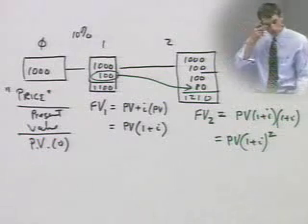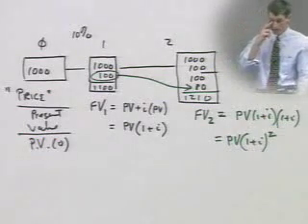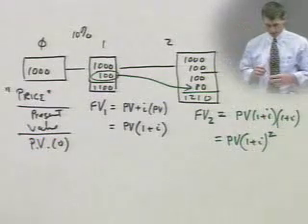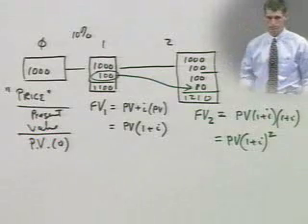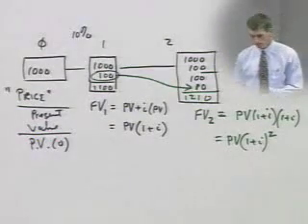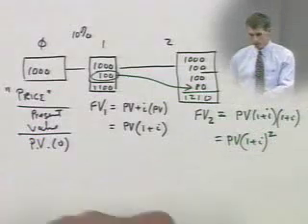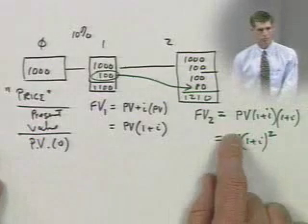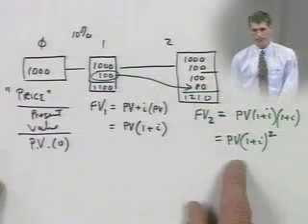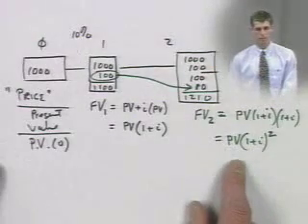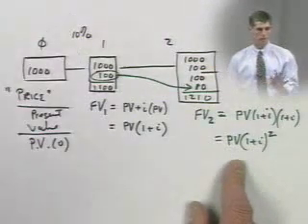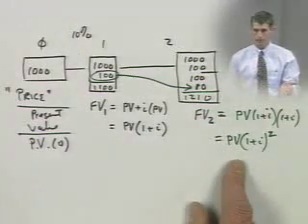Now, when you're doing present values, you're going to have a number of different ways that you can calculate them. One way is to do what we just did, which is to use exponential notation and calculate them out using a scientific calculator, which is very doable if you happen to have one.